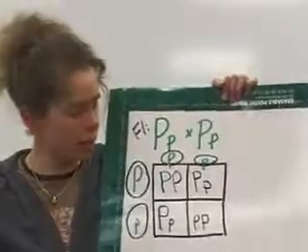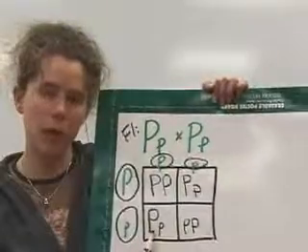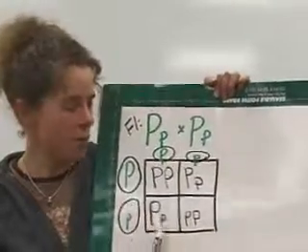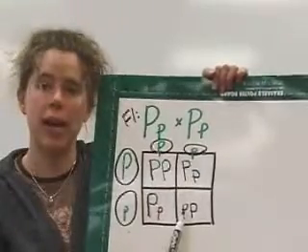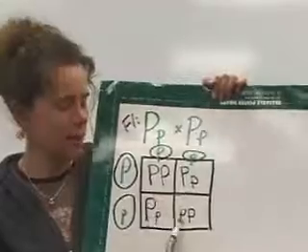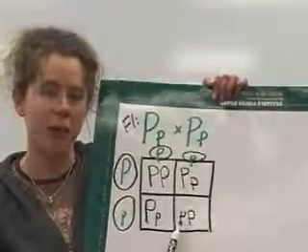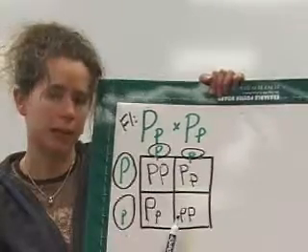And what I should notice is that three of these give me a purple colored flower, right? One of them, only that plant that's homozygous recessive, will have a white flower. So the Punnett square very nicely explains that powerful 3-to-1 ratio that Mendel observed in his offspring.